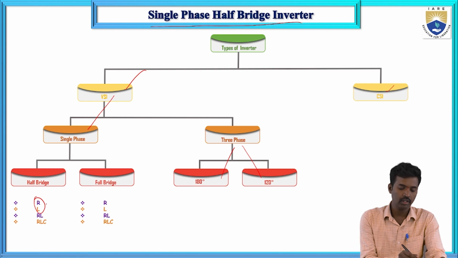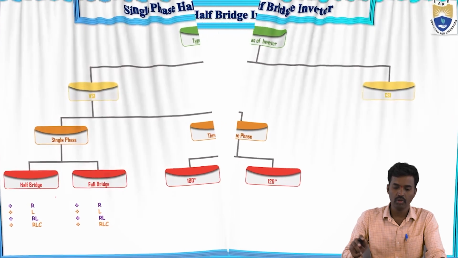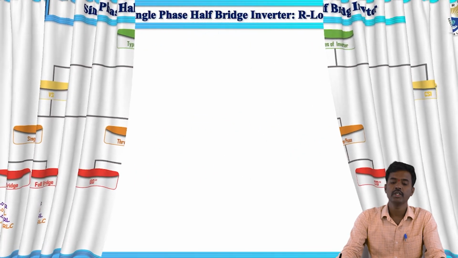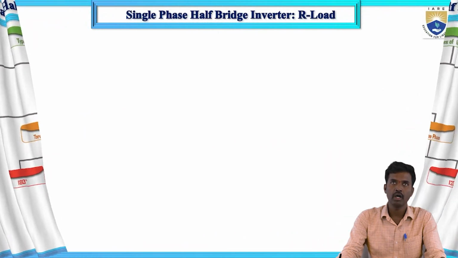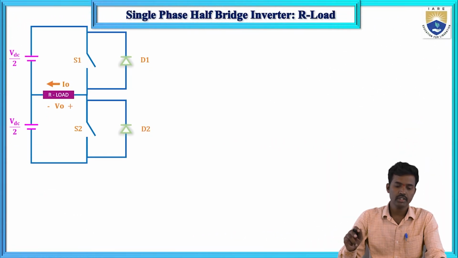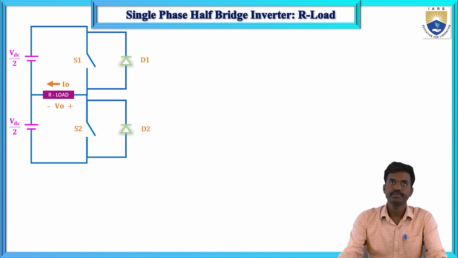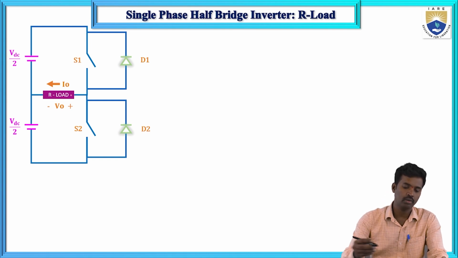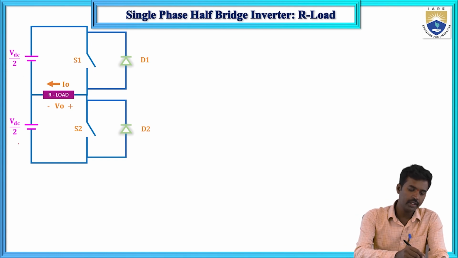First, let us understand the single phase half bridge inverter with R load. This is the circuit diagram of a single phase half bridge inverter with R load. This is the R load, with VDC by 2 and VDC by 2.